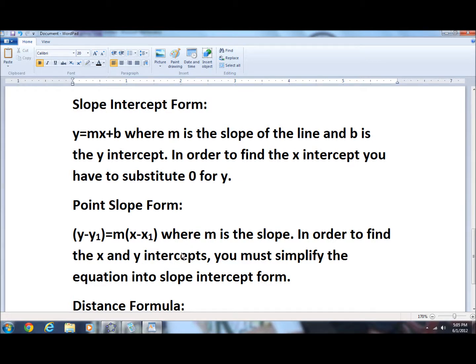Now, the way you do that is add y1 to x1 and solve it like a regular linear equation, which you learned how to do in algebra. And if you didn't learn how to do that, you should watch one of my future algebra tutorials.